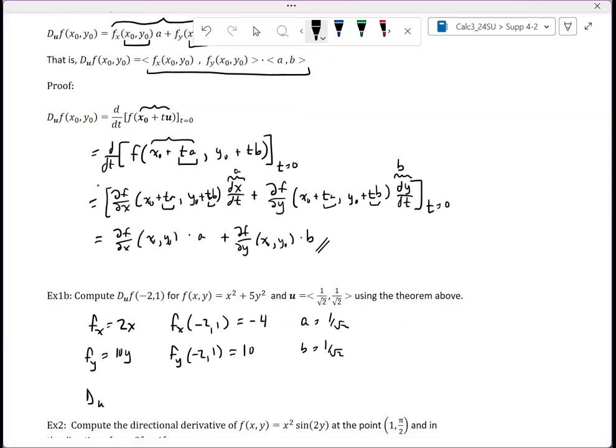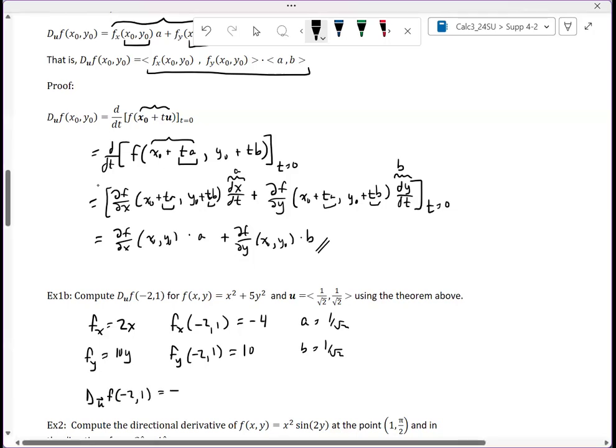So then my directional derivative should be partial f with respect to x times a plus partial f with respect to y at the point times b. Or this is going to give me what? 6 over root 2. Well, 6 is 3 times 2, so that's 3 times 2 over root 2. Well, that's just 3 root 2. Exactly what we got above.